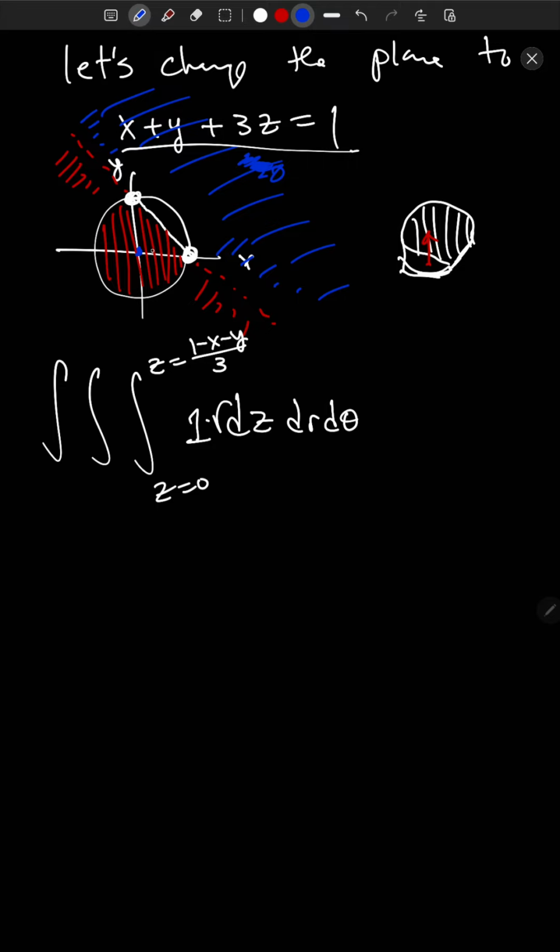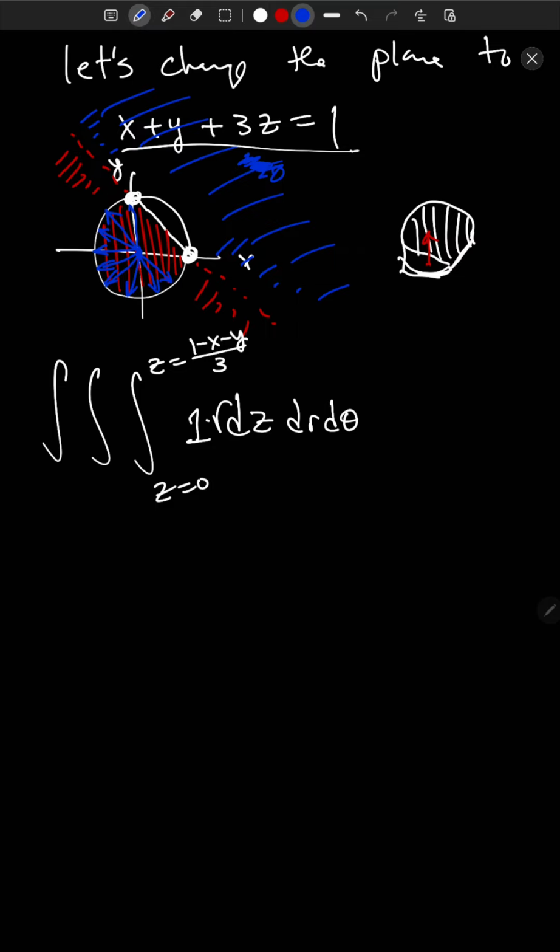So rays emanating from the origin, let's say down here, go all the way to the circle, to the circle, to the circle. So when we're doing our dr integral here, it's always going to be from the origin all the way out until we hit the circle.